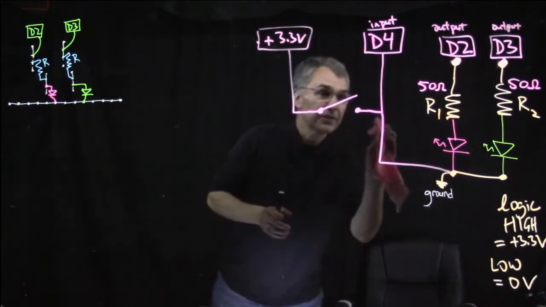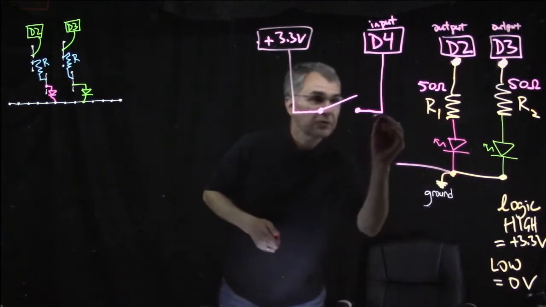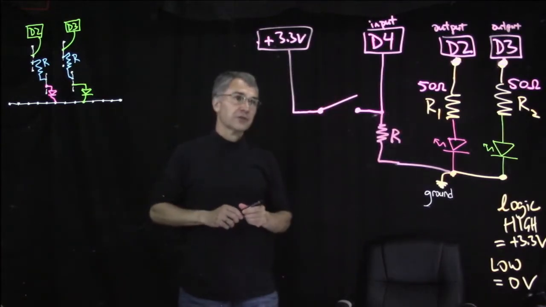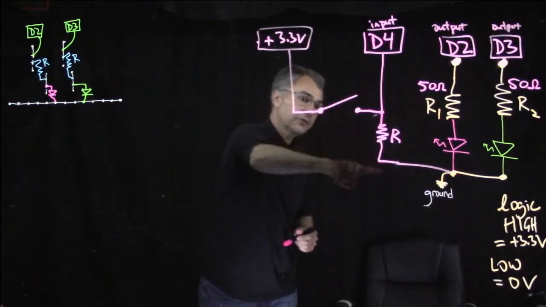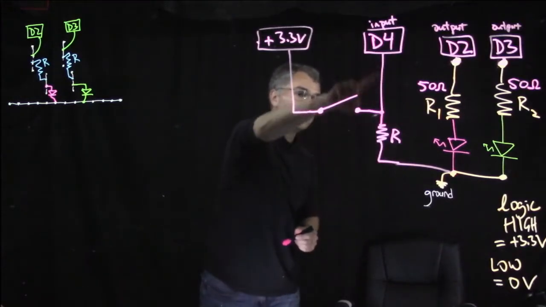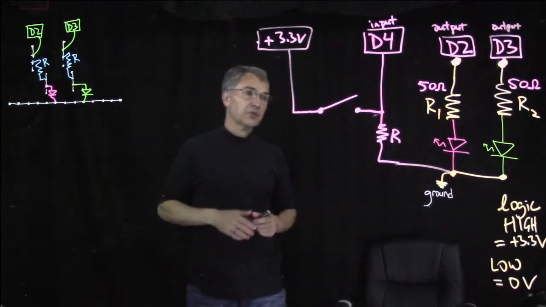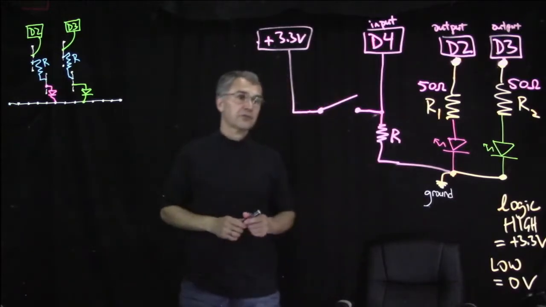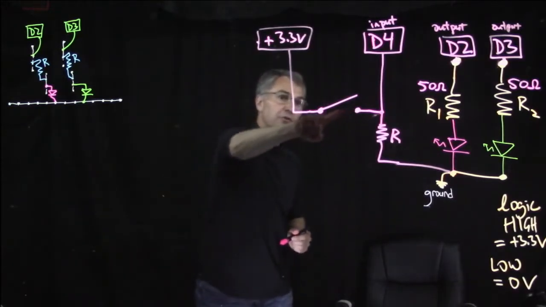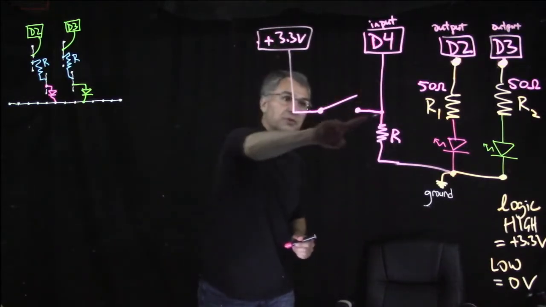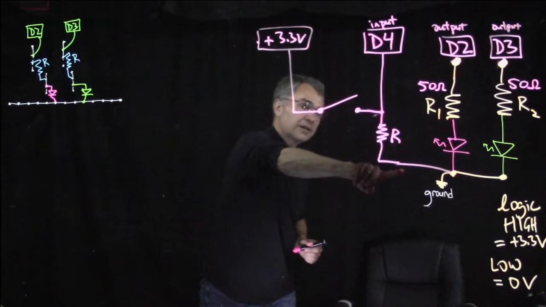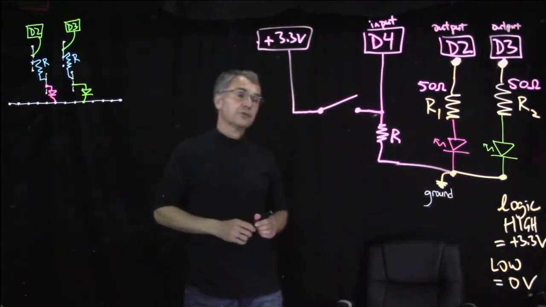So that's no good. Instead, what we do is we put another resistor here. So this is a clever trick. When the switch is open, we have a connection to ground. It's through this resistor R, but as long as R is some reasonable value, it's a good solid connection to ground. And then when we close the switch by pushing the button, we will have a 0 ohm connection to 3.3 volts, and then we'll have a resistance R to ground.